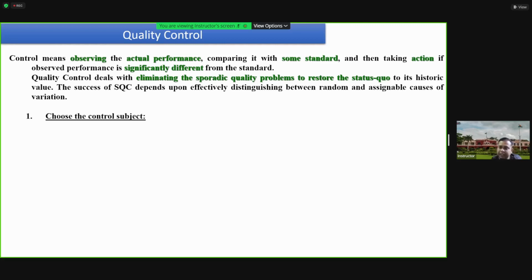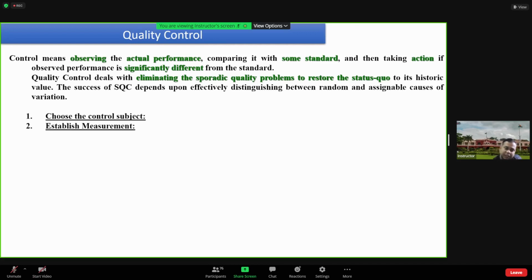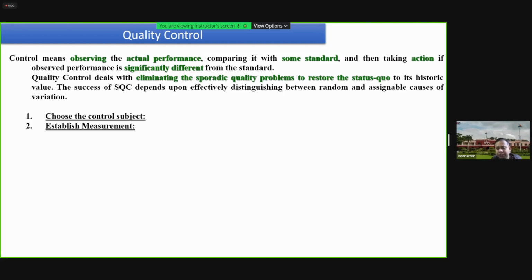Second is that we establish measurement. Establishing measurement means the procedures for taking the measurements must be defined.